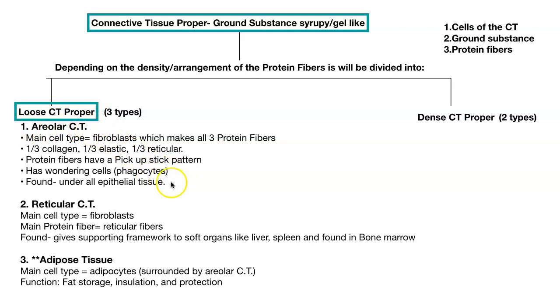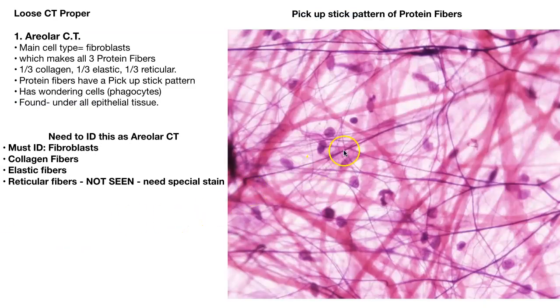Need to know that. So before we go on to these other two types of loose connective tissue, let's look at the areolar connective tissue. So here is a slide of areolar connective tissue. This is a really pretty slide.